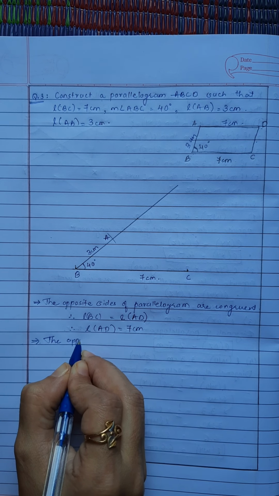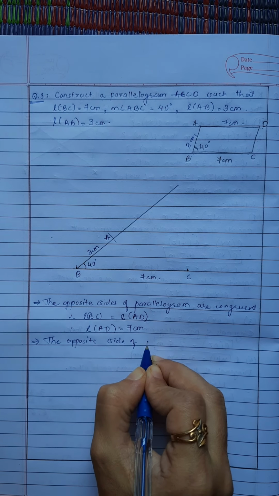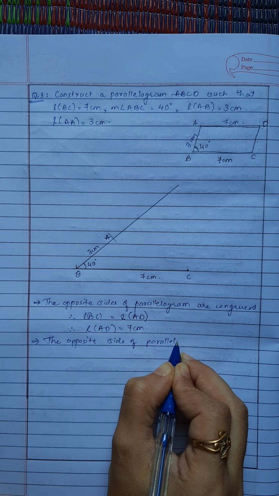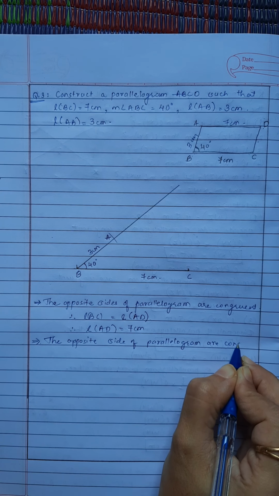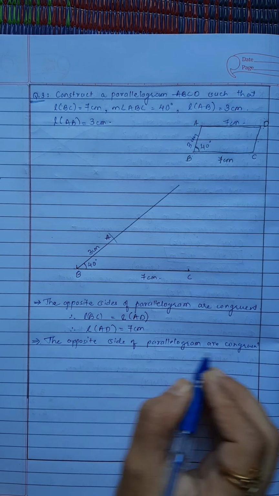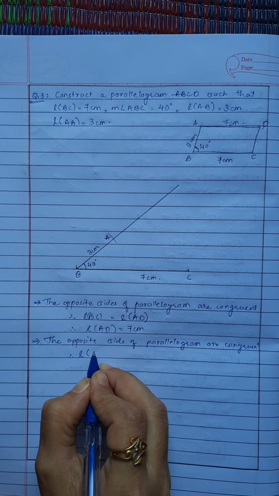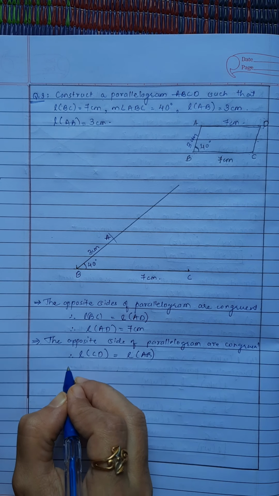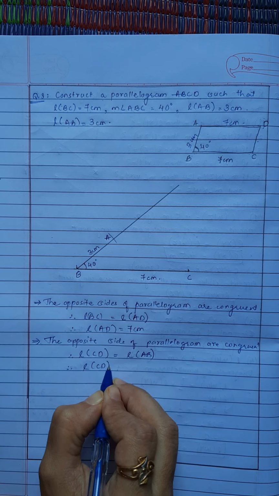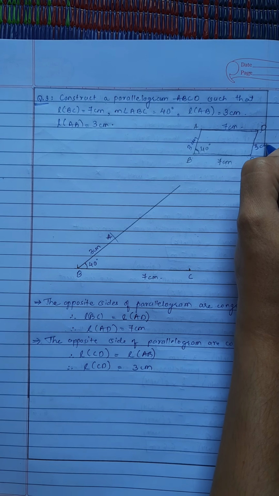The opposite sides of a parallelogram are congruent. Therefore, length of CD is equal to length of AB, and that is, the length of CD is equal to 3 centimeters.